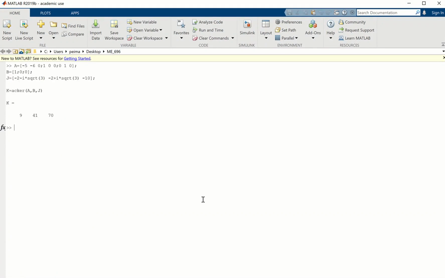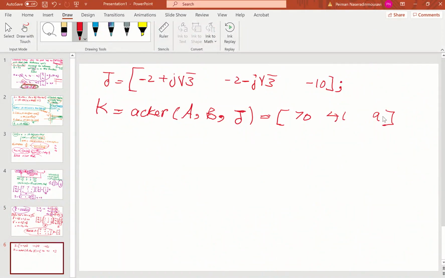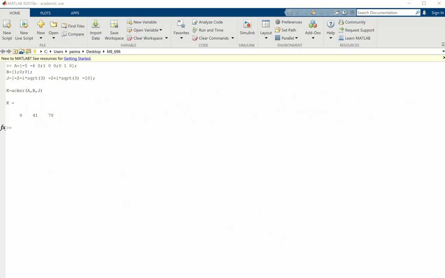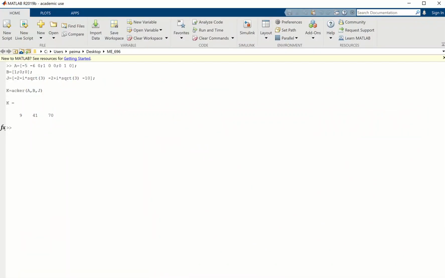Let us see. It's 941.70. The gain that we got by hand-derived was how much? Did I write it? Yeah. It's a flip of that. See, it's flipping.